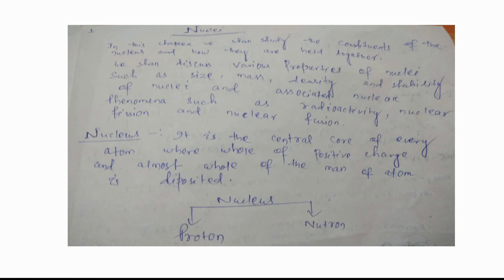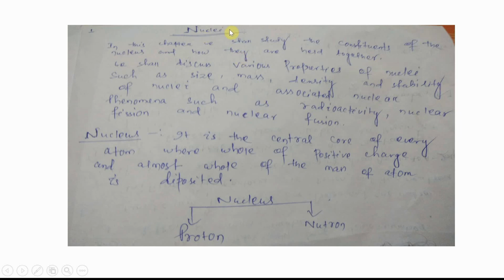We shall also discuss various properties of the nuclei such as size, mass, density and stability of the nuclei, and also associated nuclear phenomena such as radioactivity, nuclear fission and nuclear fusion.